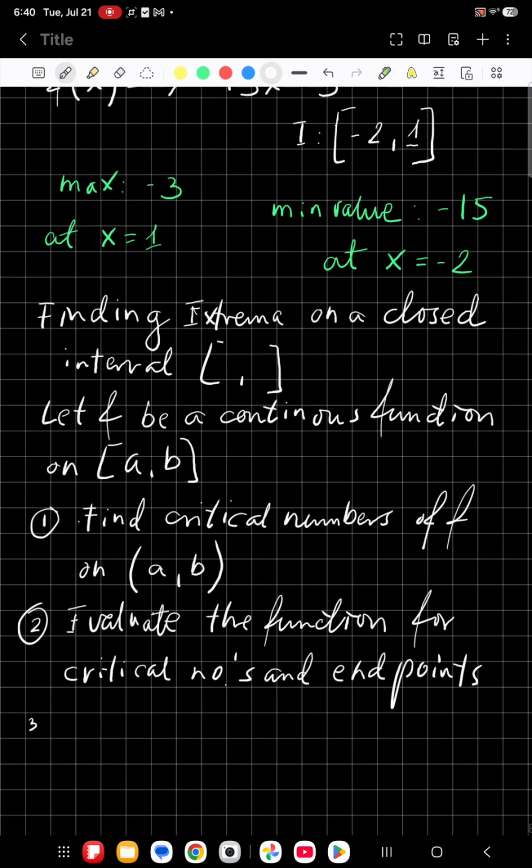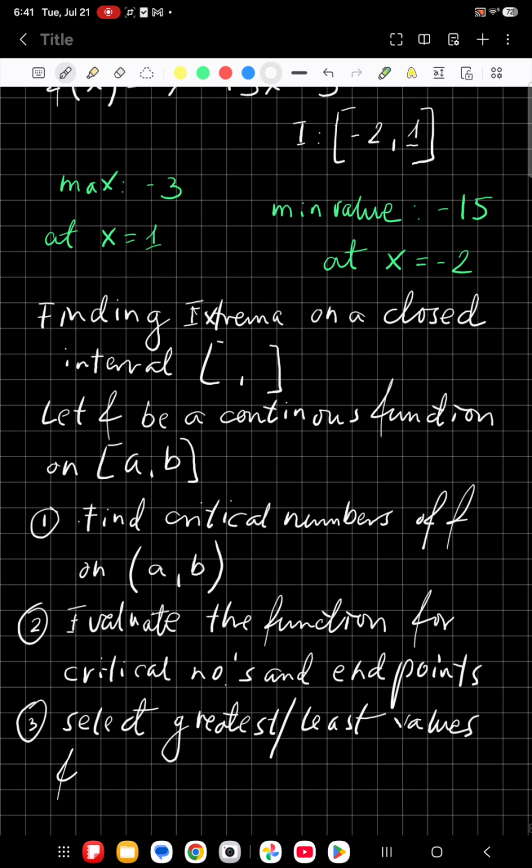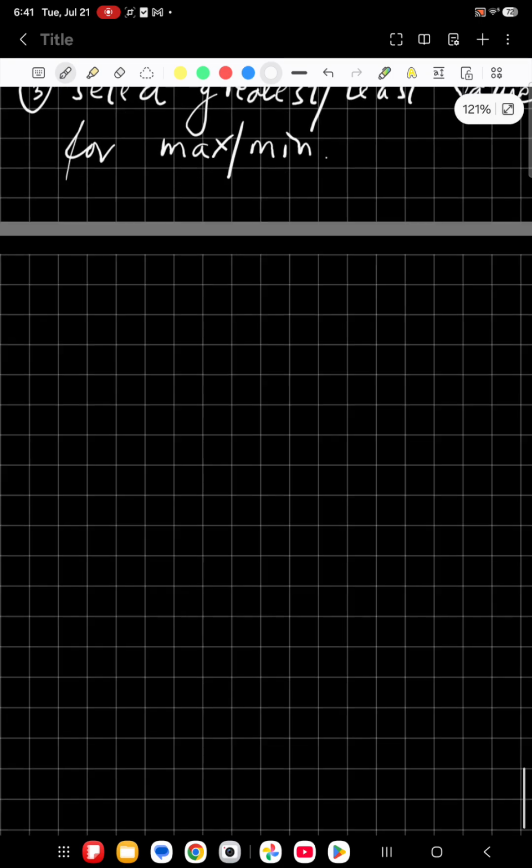And then we simply select the highest, the greatest, or least value, so maximum and minimum. Okay, so yeah, let's look at another example.